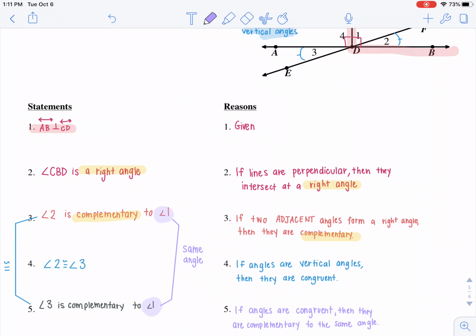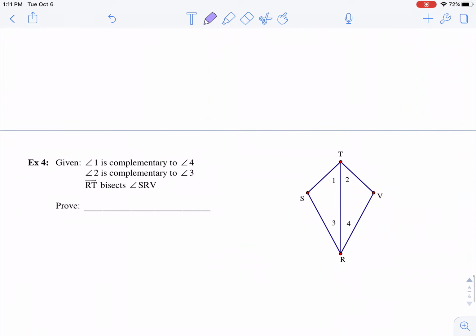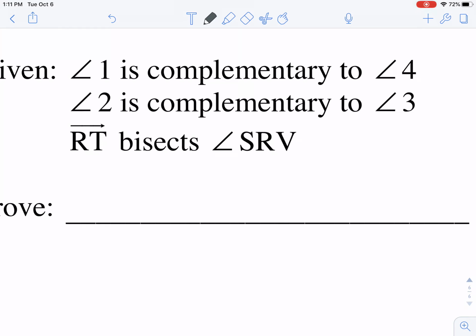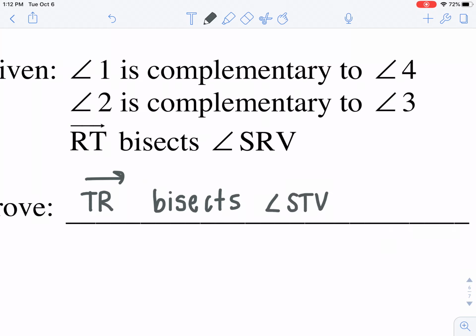What I'm going to have you do now is close out this video and attempt example number 4 without watching the video. Once you think you've got the proof completed, then you may watch the video. What you're going to be proving in example number 4 is that ray TR bisects angle STV.